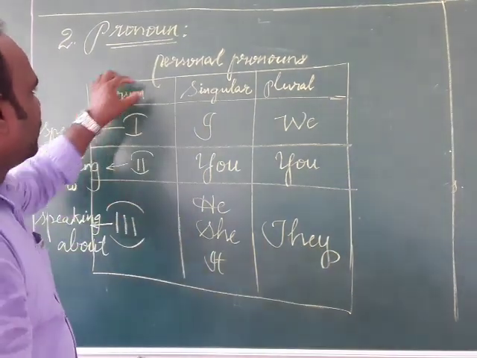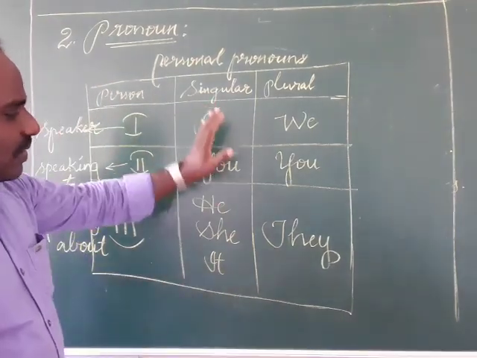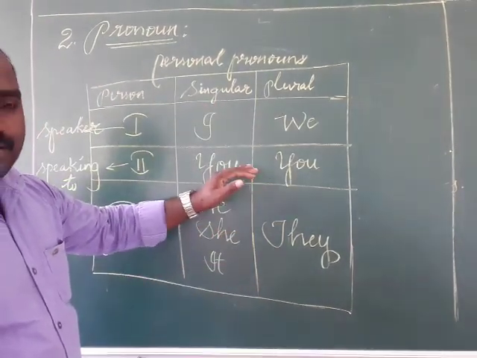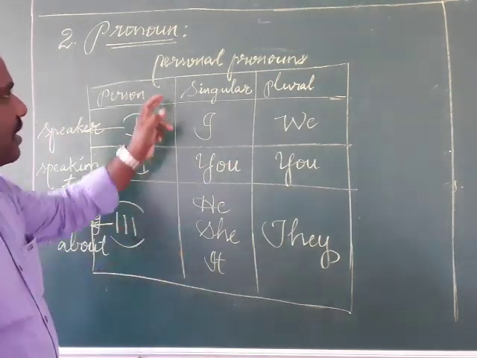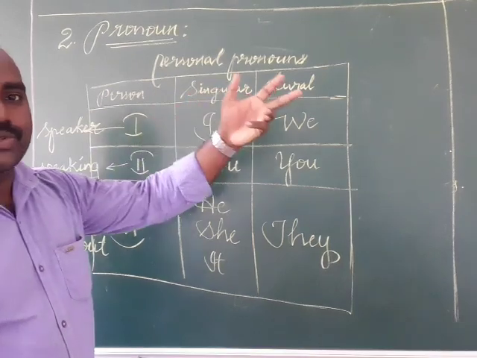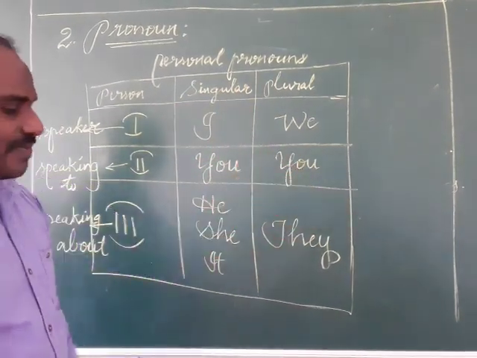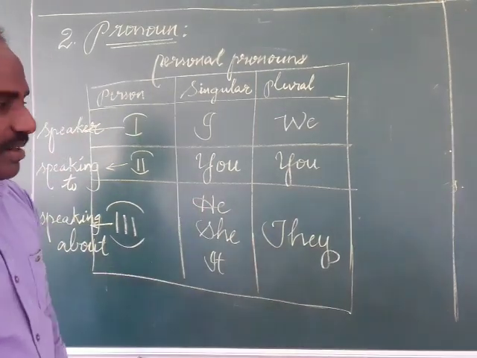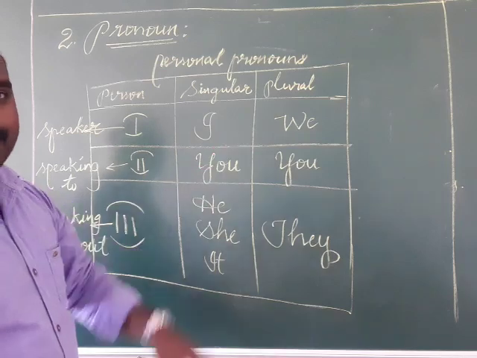These are personal pronouns, subject. These all pronouns are used at the beginning of a sentence as a subject of a sentence. You see, I told you, personal pronoun is of two types. Personal pronouns subject, personal pronouns object. Okay, note down this table. I'll let you know personal pronouns object.